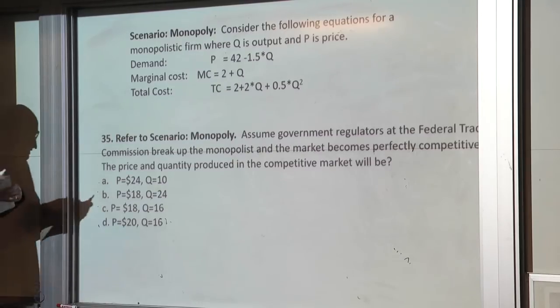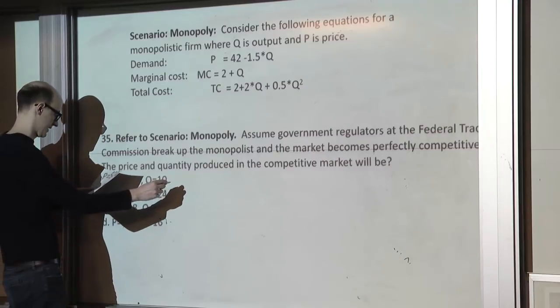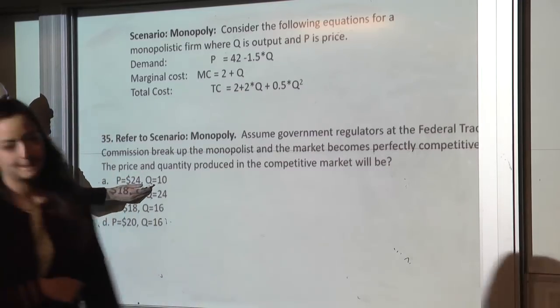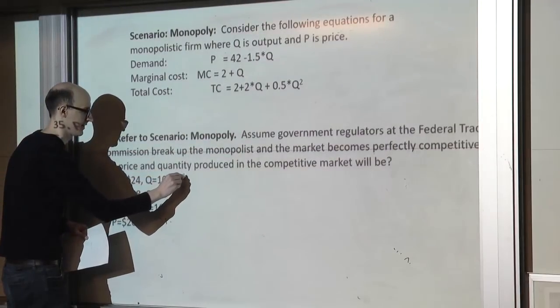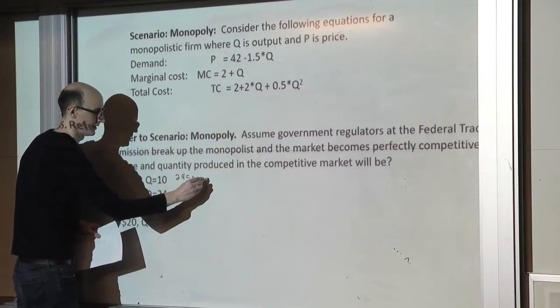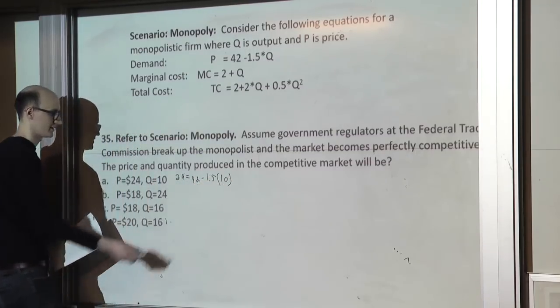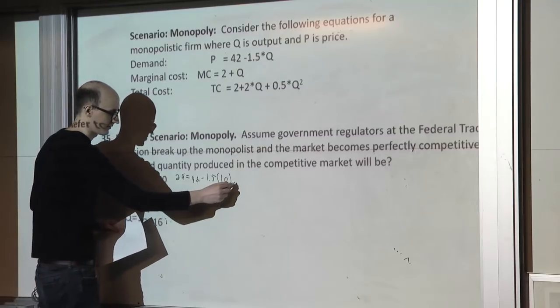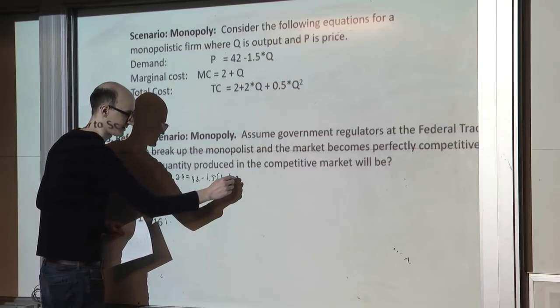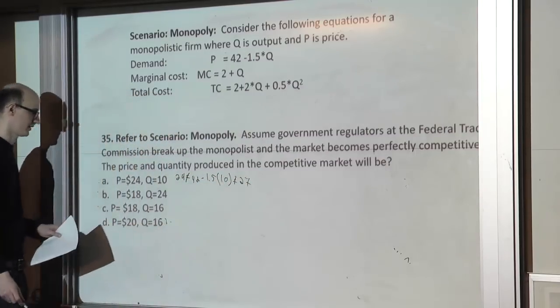So does 24 and 10 lie on the demand curve? Plug 24 in for price. Does that equal 42 minus 1.5 times 10? This is 42 minus 15 equals 27, so that's not right, right? These things are not equal.